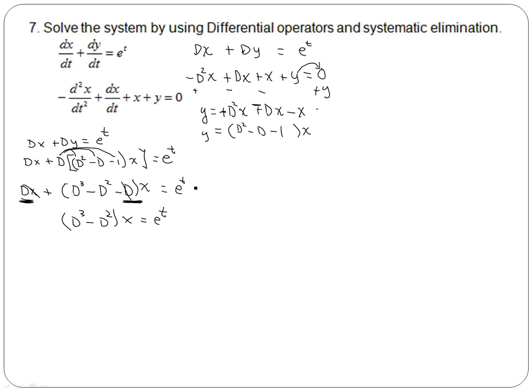Now, what I would like to do is solve this equation so that I completely annihilate everything, including this e to the t. This e to the t can be annihilated by applying a D minus 1 to both sides.